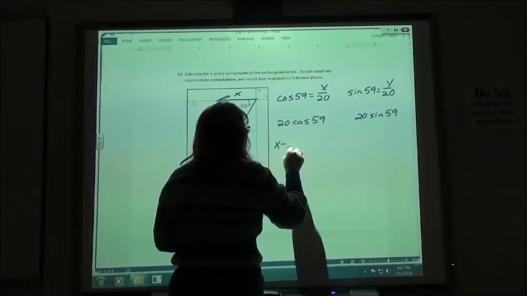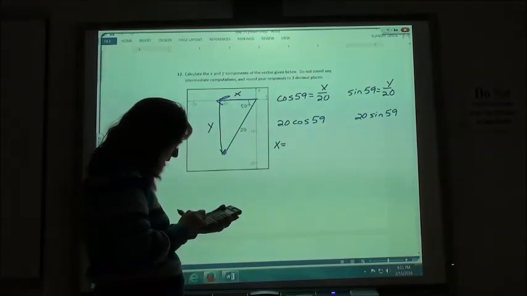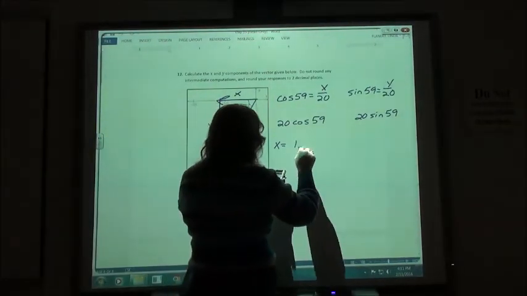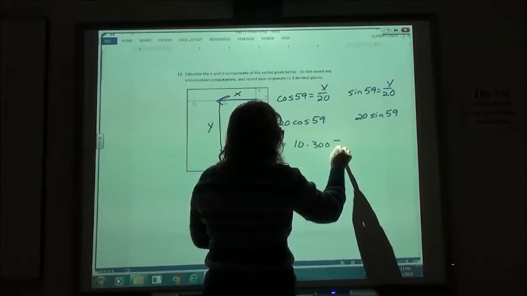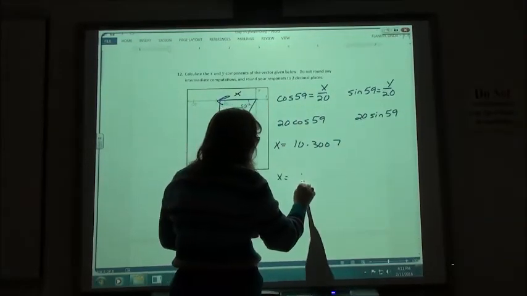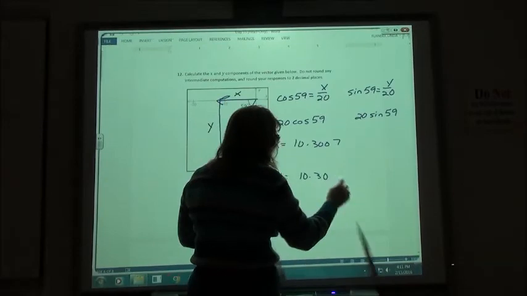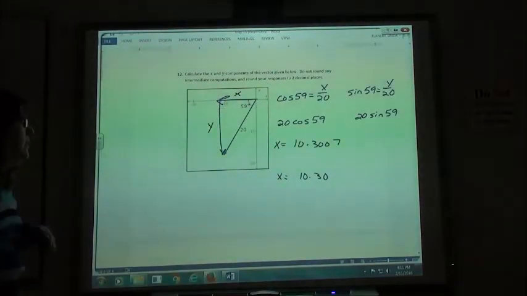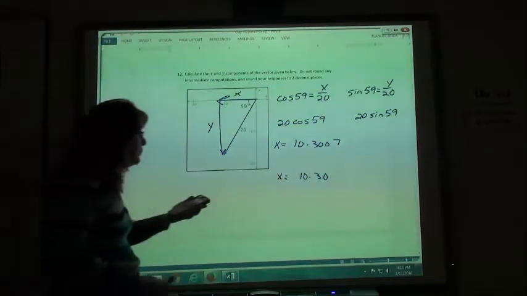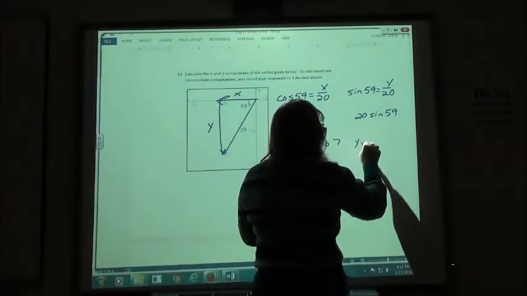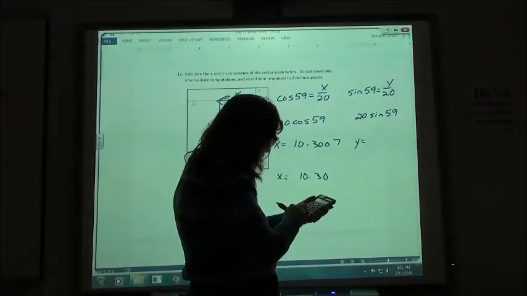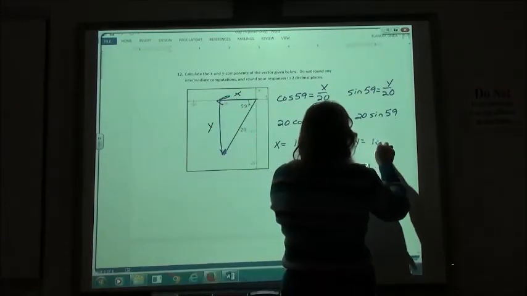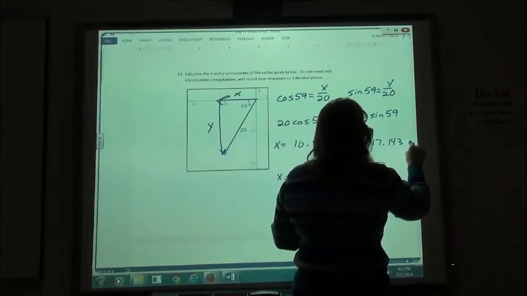So for x, 20 times the cosine of 59 gives me 10.3007, so 10.30, rounding that off, excuse me, to 2 decimal places. Y is going to be 20 times the sine of 59, 17.1433.